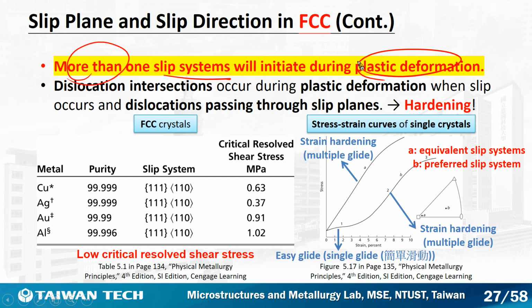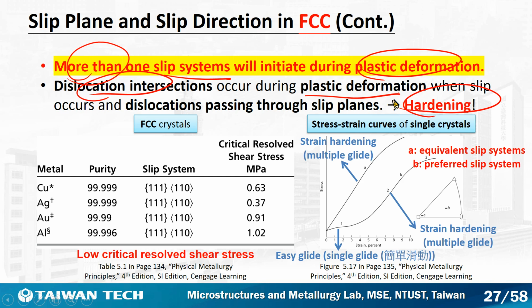And then the dislocation intersections will occur during plastic deformation. It means that the slip will occur with dislocations passing through slip planes, and this dislocation intersection or interaction will cause the hardening.